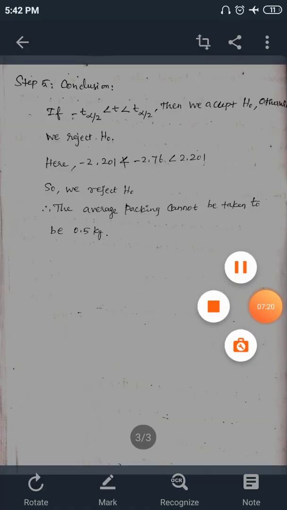Here also the calculated value is higher and the table value is lesser, so we reject H0. Automatically, the average packing cannot be taken as 0.5 kg. This means mu is not equal to 0.5 kg. Thank you.